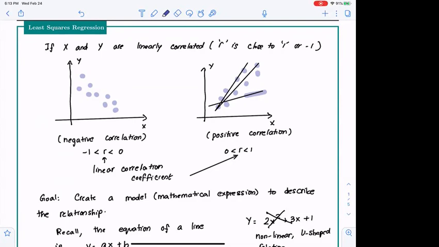We call it least squares regression because of the mathematical process that is involved in finding the values of a and b. So the line of best fit, if we have to come up with it using the data, then we have to find the values of a and b.